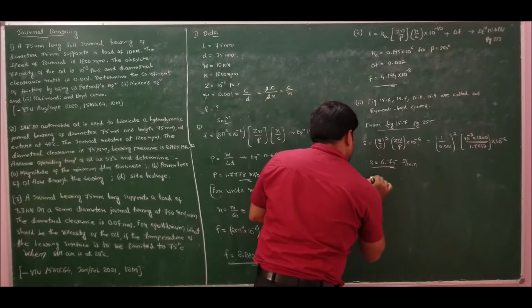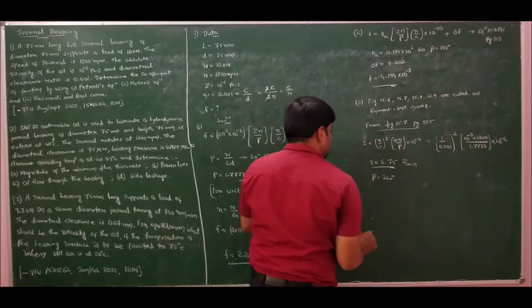We have the graph for beta. For a full bearing, beta is 360 degrees.